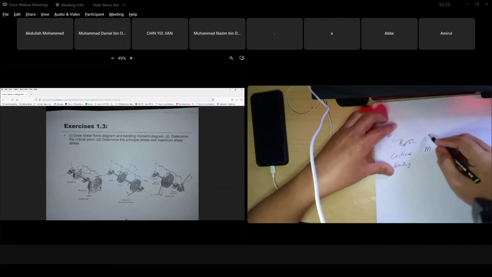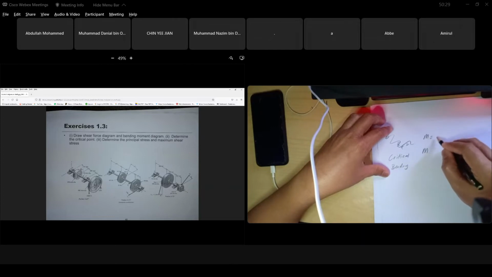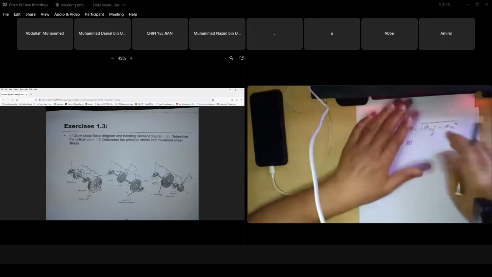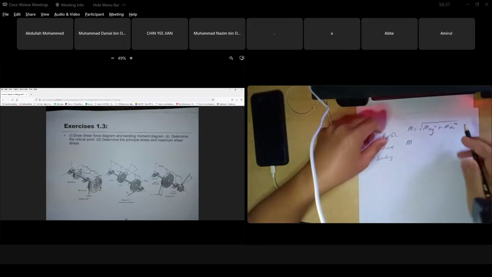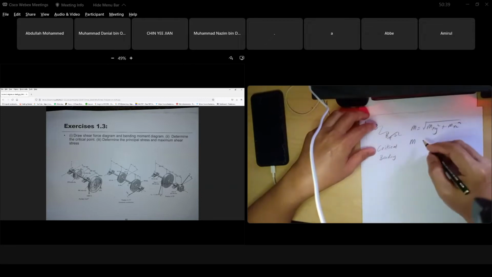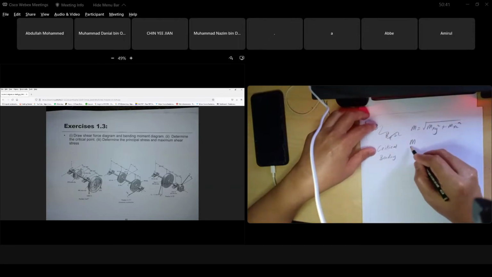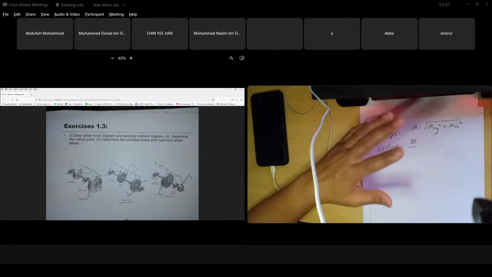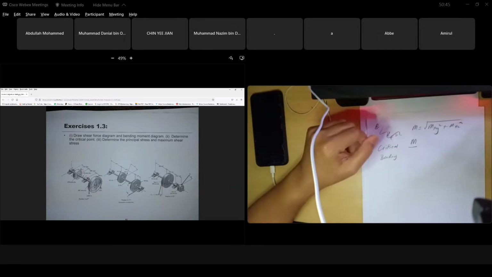If you have two planes, the total moment at that critical point is the square root of moment XY squared plus moment XZ squared. If you have only one plane, you don't have to use this total moment. Be careful at that moment, maybe at the shoulder or at the groove.